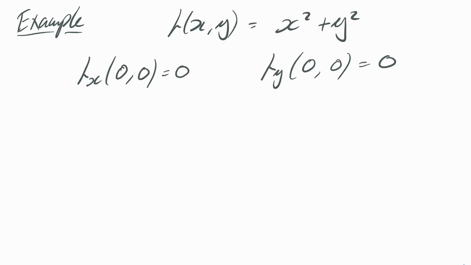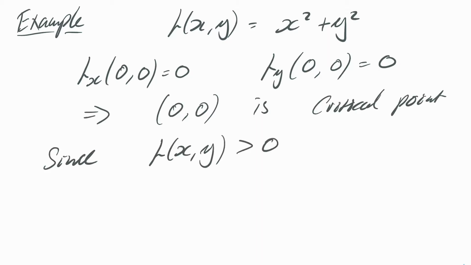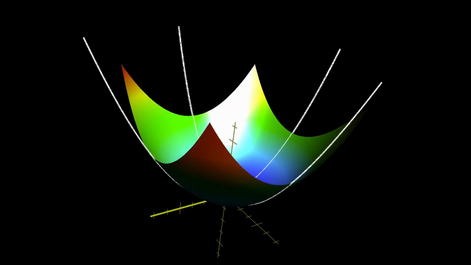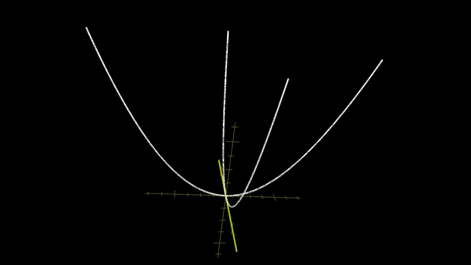And the first derivative in the y direction is 2y, which at the origin is also 0. So 0, 0 is a critical point. And it's clearly a minimum because the function is positive everywhere. And since the function value at x equals 0, y equals 0 is 0, this must therefore be a minimum. It's bigger than that value everywhere else. So along both x and y directions we have a parabola.